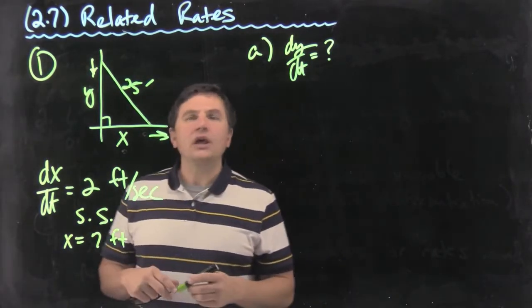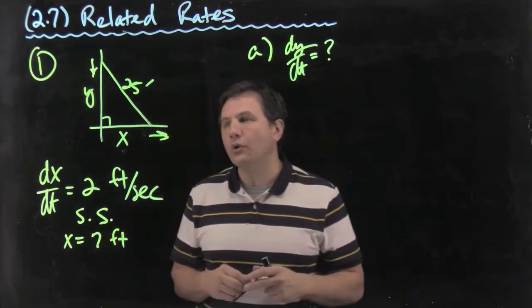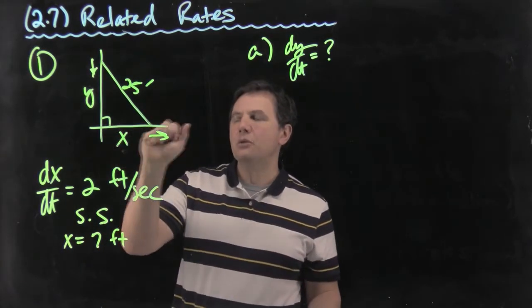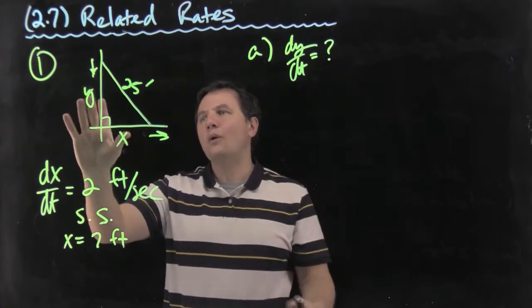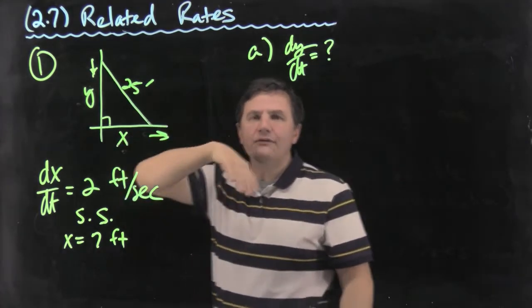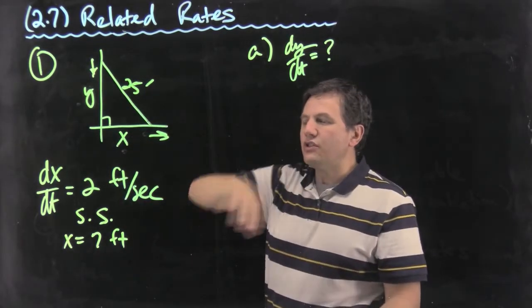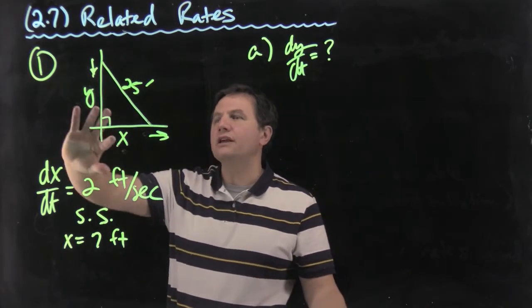Now, what we want to do is link our variables in question. Let me point out that we're given information about x, and we're asking a question about y, dy over dt. By the way, if you're looking at that recipe I gave you at the beginning of this video, this is step 1, the inventory. Step 2, we want to link the variables in question.